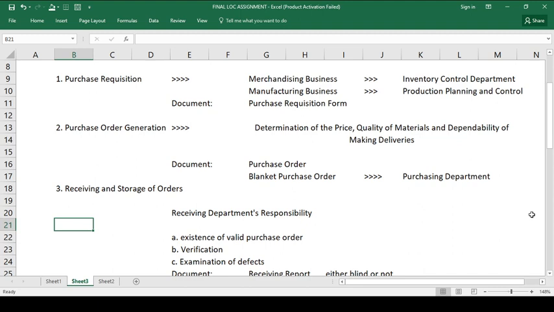Pangalawang gagawin ni receiving department is to verify whether what is being written in the purchase order and kung ano yung dumating are pareho. For example, a valid purchase order provides that it must have 100 pieces of abaka.